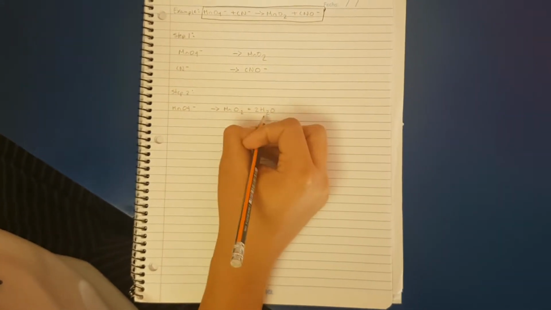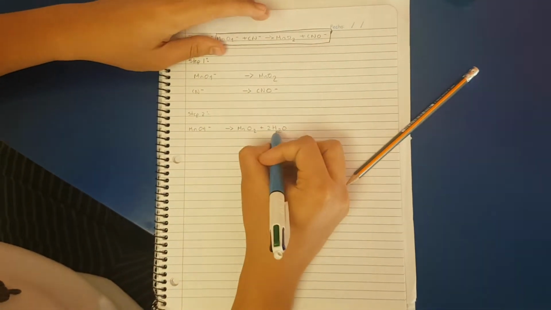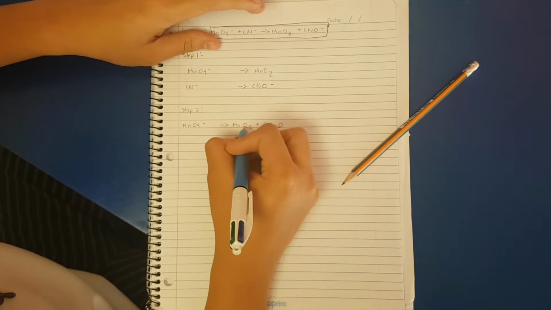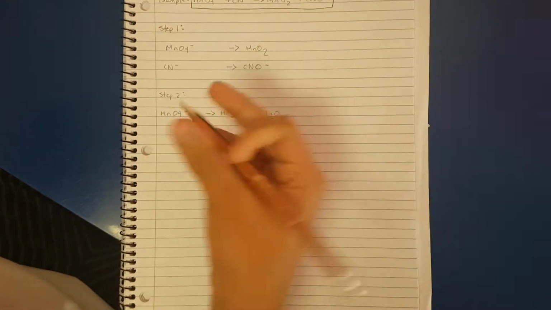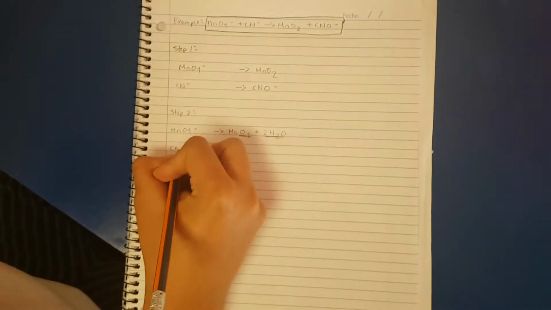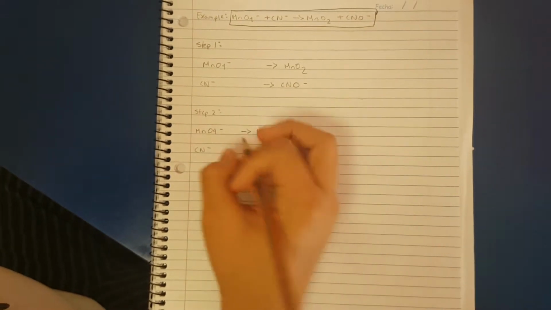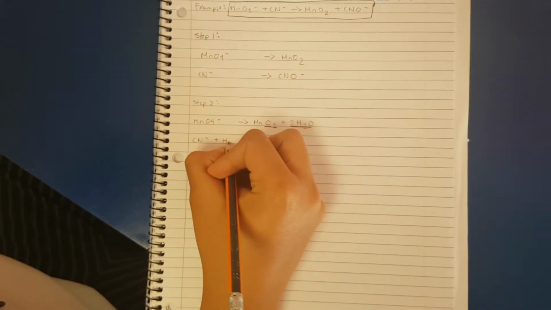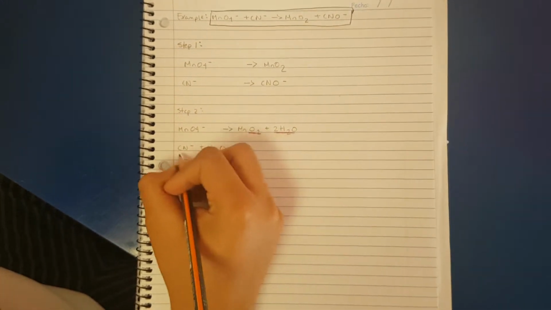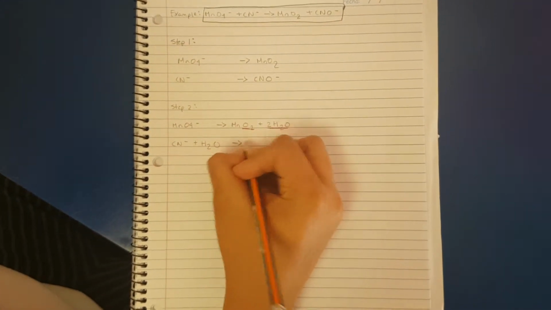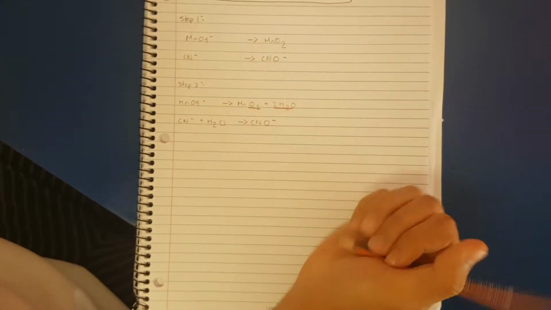Just so you don't forget. Now we'll do the same for the other one. CN negative, H2O because of the negative, and then CNO negative.